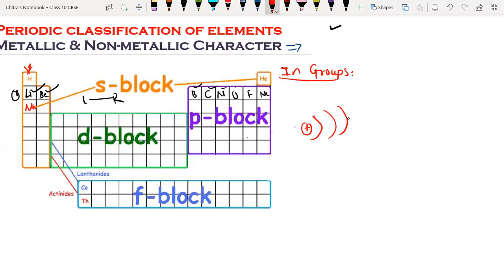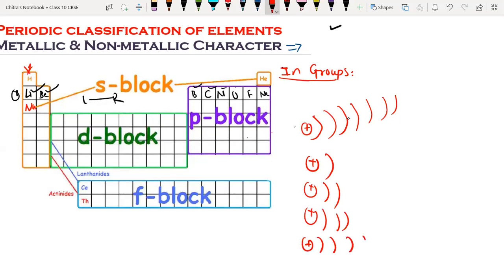So as we move top to bottom along a group, new shells are added each time. Here we have one, then two, then three, then four. See, the distance from here to here increases all the time.